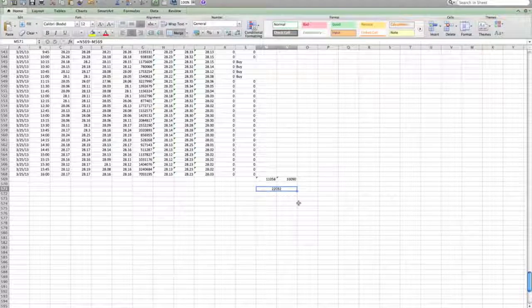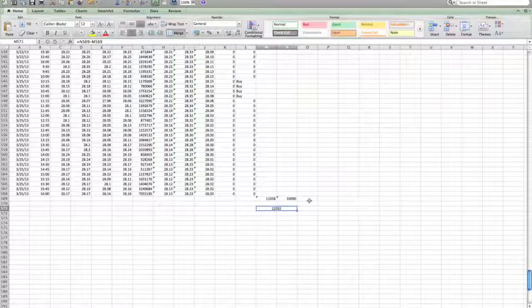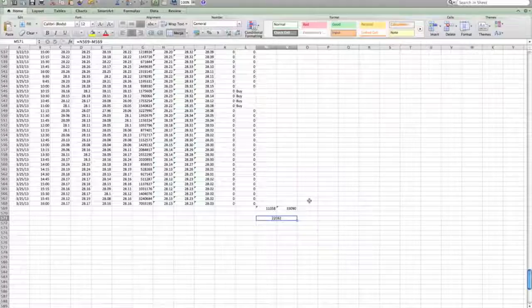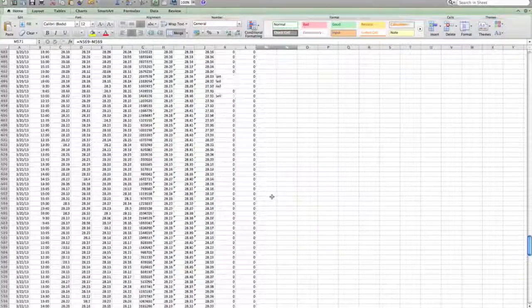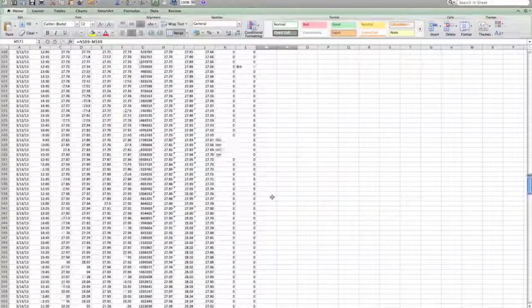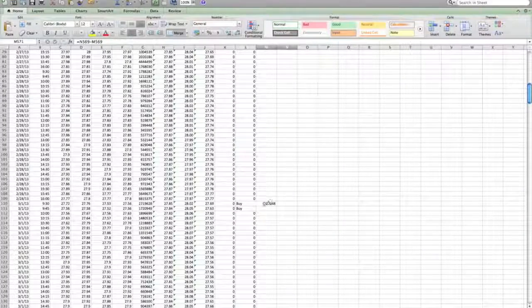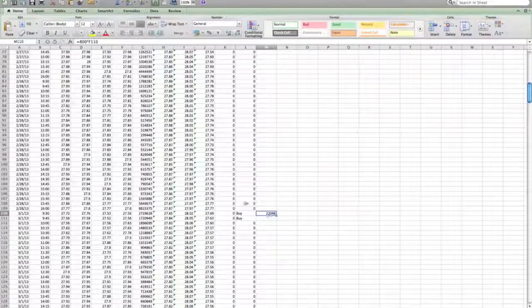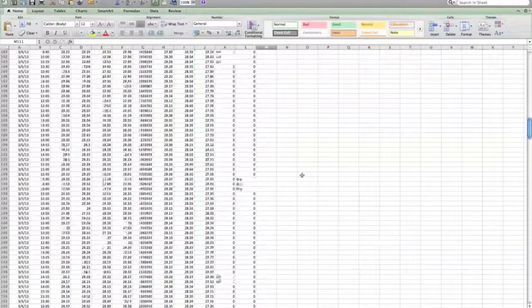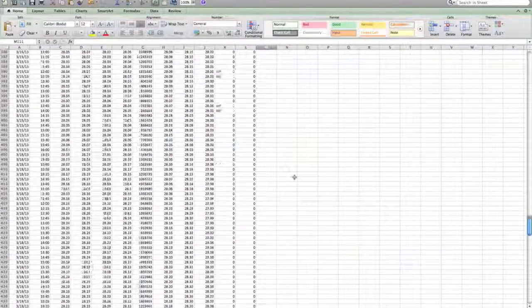You'll get a number, but as you can see, $22,032 is way too good of a strategy. So obviously something went wrong, and what I did here is I forgot to put a negative sign on the sell. When we did the buy signal, I forgot to put a negative. So just hit enter, and then you're gonna get a different answer.